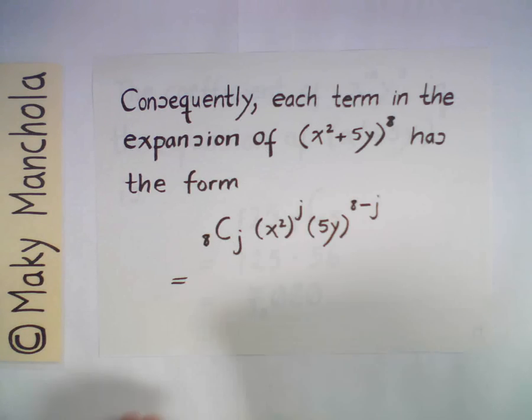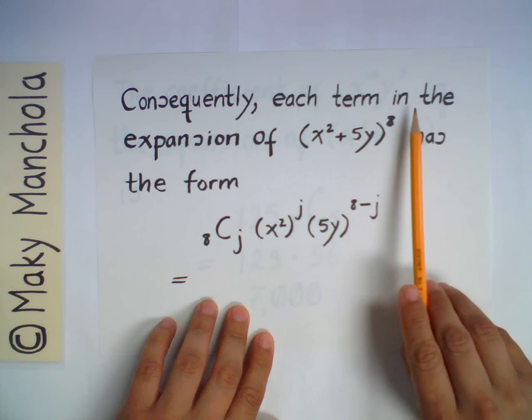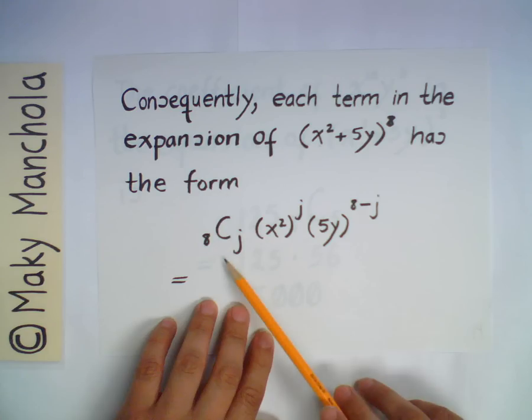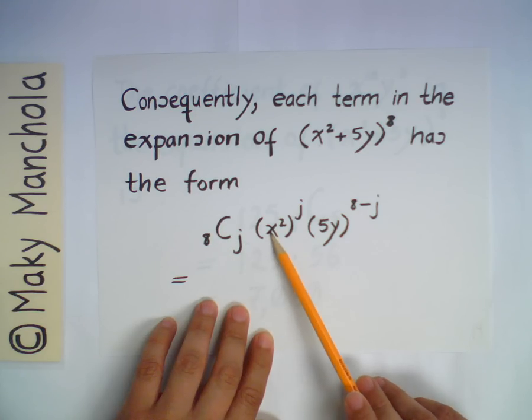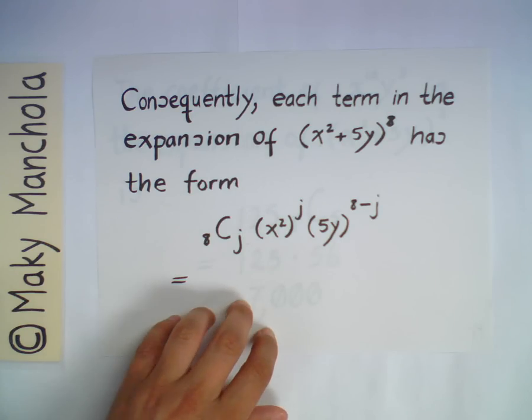So I have written that. Consequently, each term in the expansion of x squared plus 5y raised to the 8th power has the form 8 choose j, x squared to the j, 5y all of it raised to the 8 minus j.